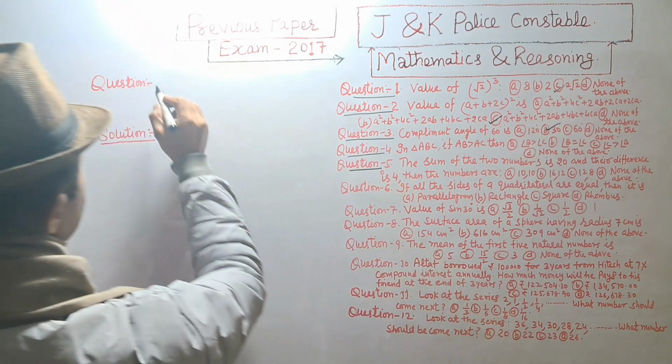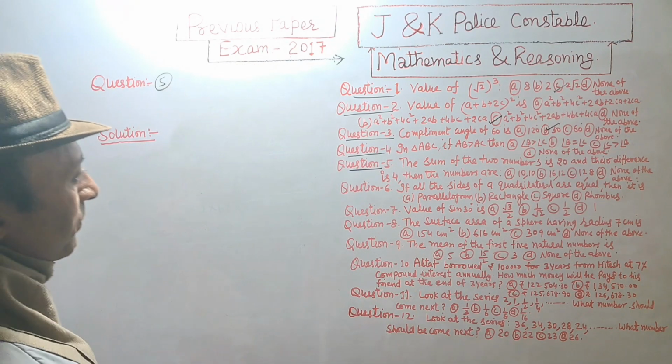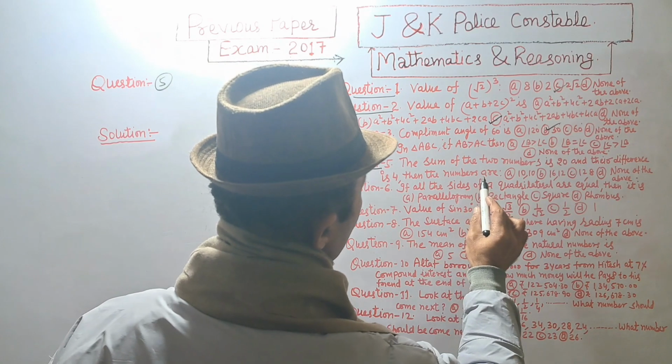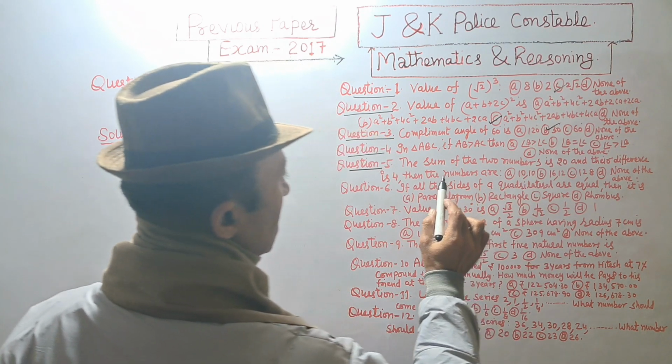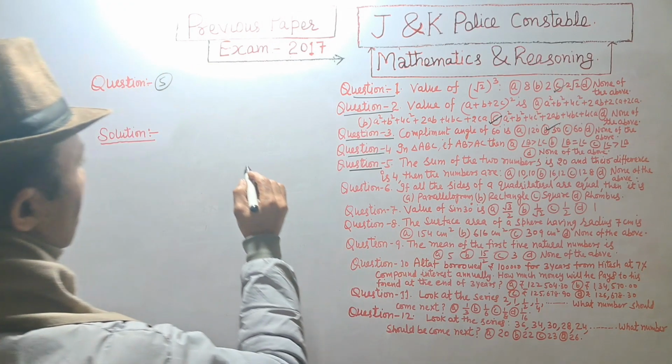Question number 5. The sum of two numbers is 20 and their difference is 4. Then the numbers are.